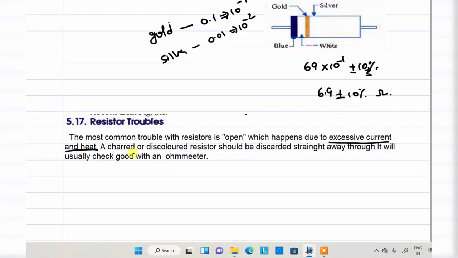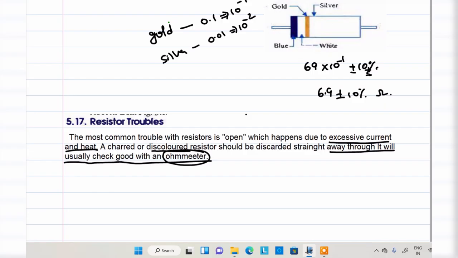A charred or discolored resistor should be discarded. Otherwise, it is usually checked with the ohm meter. In this particular case there is no color visible, so we can use an ohm meter to measure the resistance.